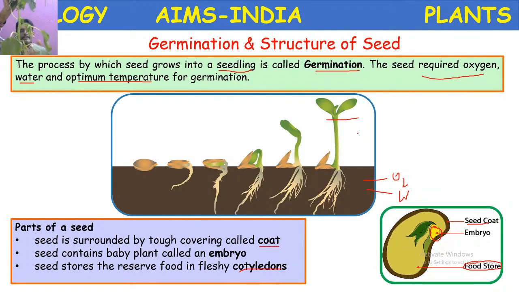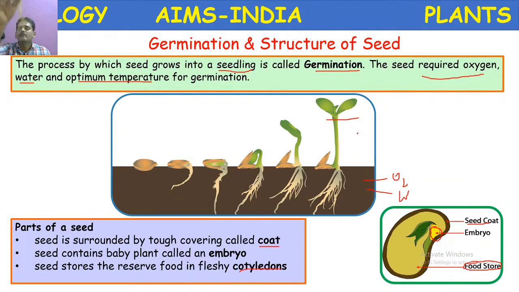And the leaf is the part which undergoes the process of photosynthesis, and that's why the leaf is called the kitchen of the plant. Next, root. Two types of root systems are there: taproot system and fibrous root system.